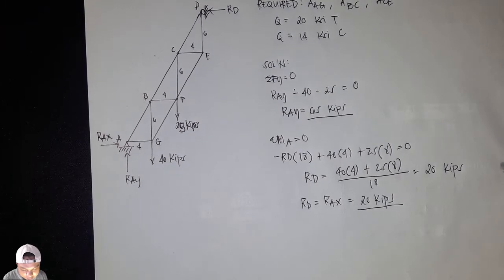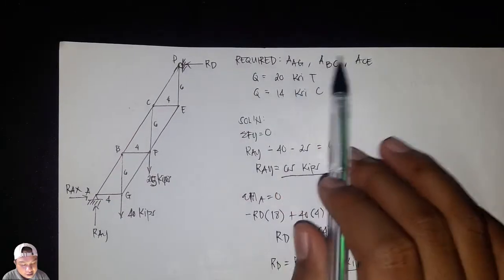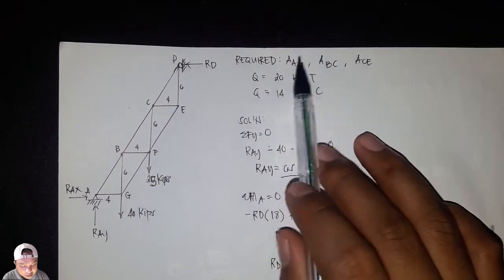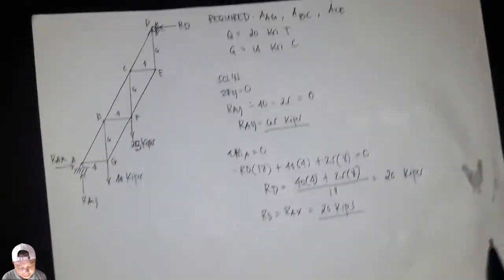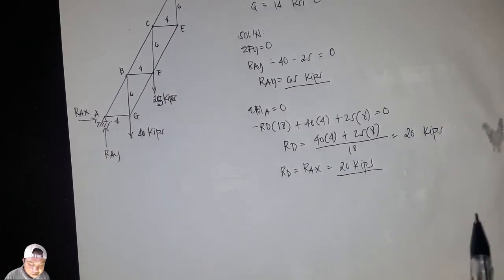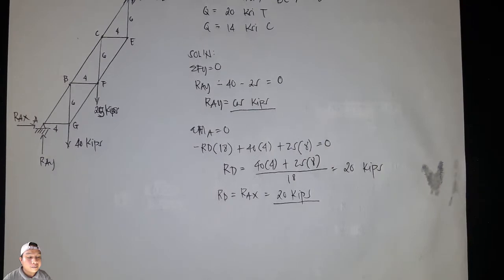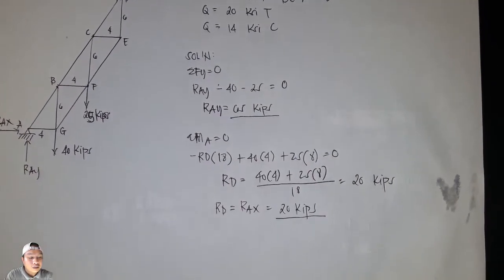So ngayon, ang hinahanap natin is AG, BC, and CE. So solve muna natin yung AG. So yung approach ko dito is joint method. Zoom natin.